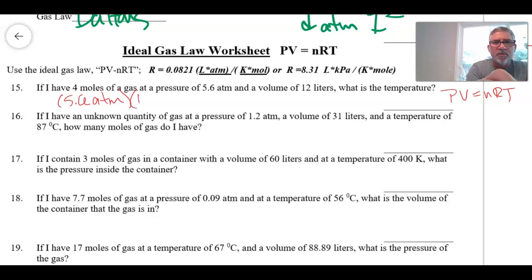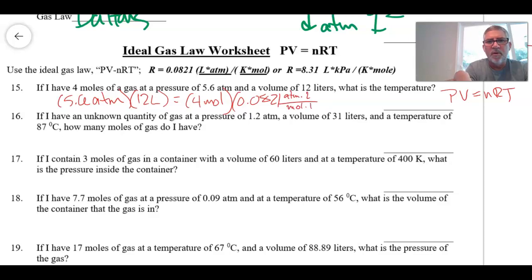My volume is 12 liters. Equals 4 moles, R, so R is 0.0821, and that's ATM liters per moles Kelvin, times T, because we're trying to find T.